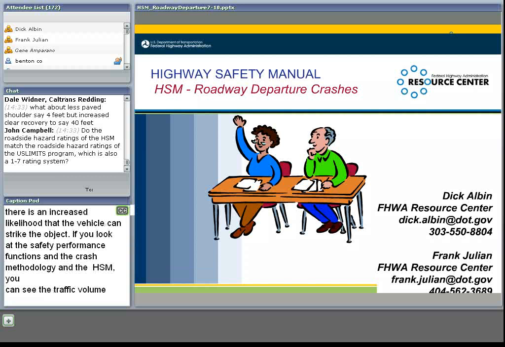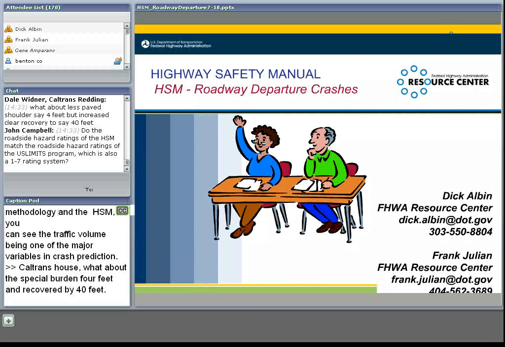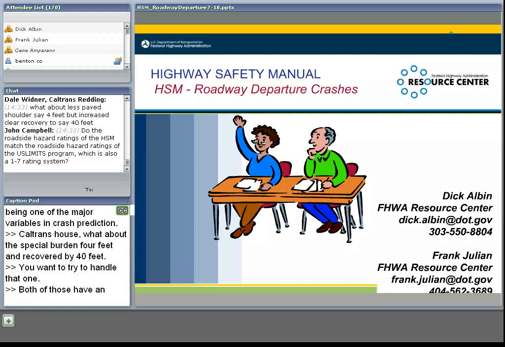The more traffic volume you have on a roadway and the more fixed objects in the vicinity of the roadway, the more likely an errant vehicle could strike that object. If you look at the safety performance functions and the crash methodology in the HSM, you will see that traffic volume is one of the major variables in crash prediction.